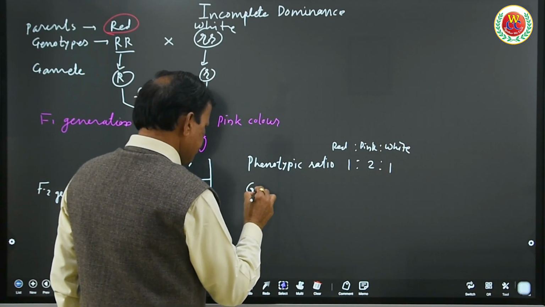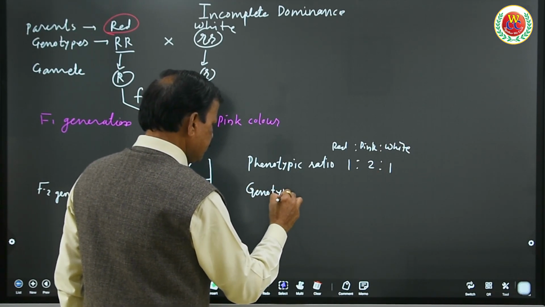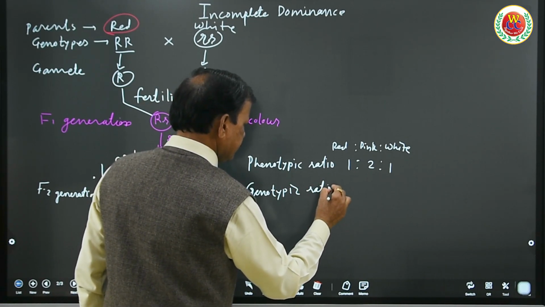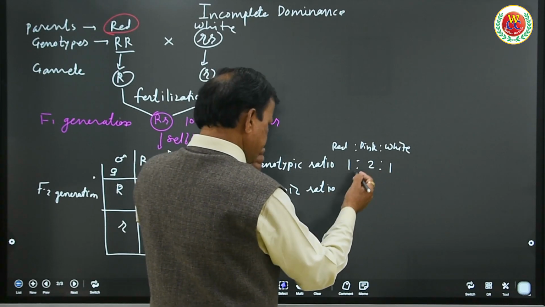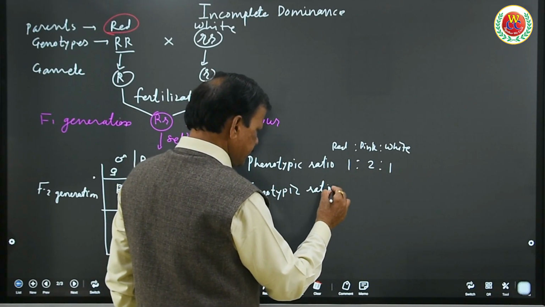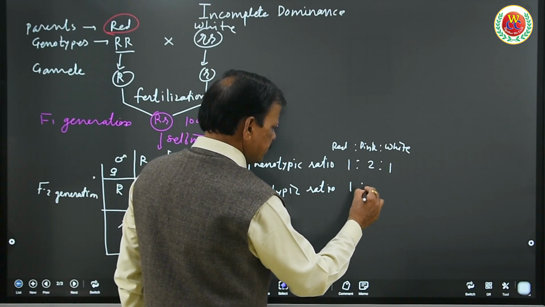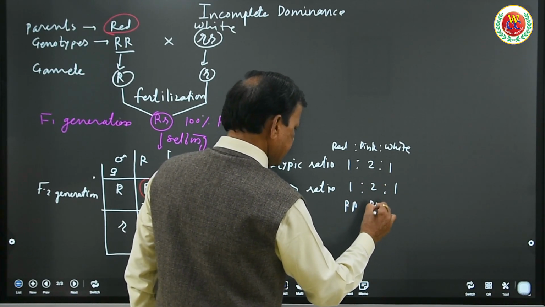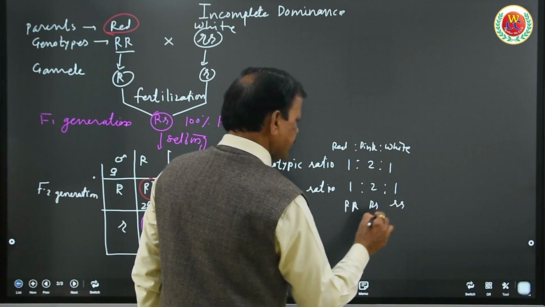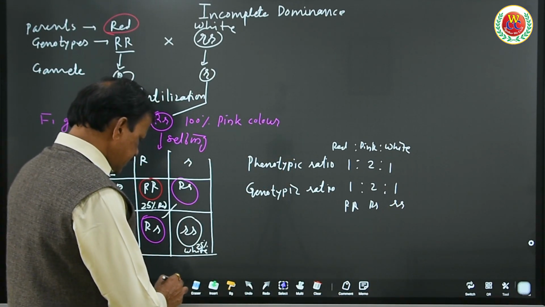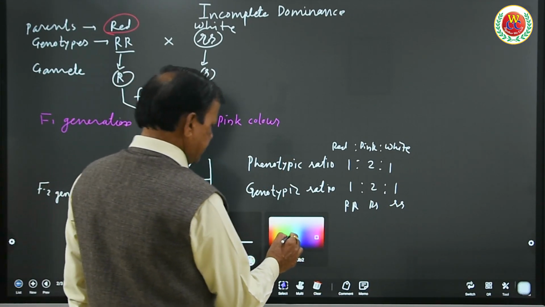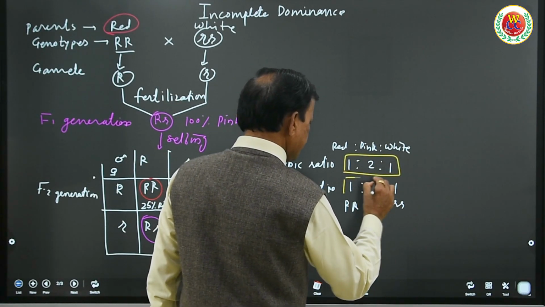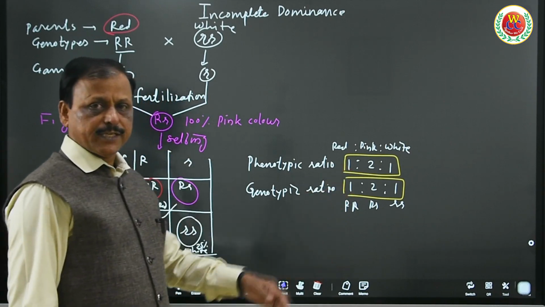And the genotypic ratio that controls this trait, instead of phenotypic ratio 3 is to 1, it was 1 is to 2 is to 1, and the genotypic ratio as it is 1 is to 2 is to 1, that is capital R, small r, and small r. Now see, in both the conditions, these two ratios we obtain, genotypic and phenotypic, are the same.